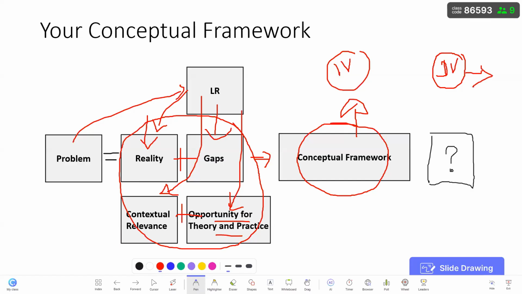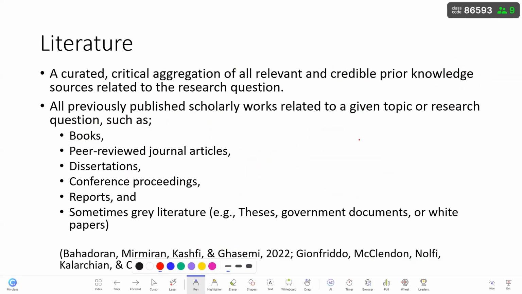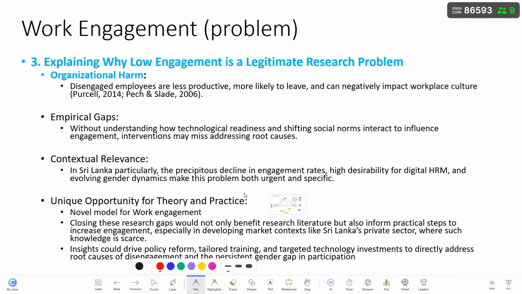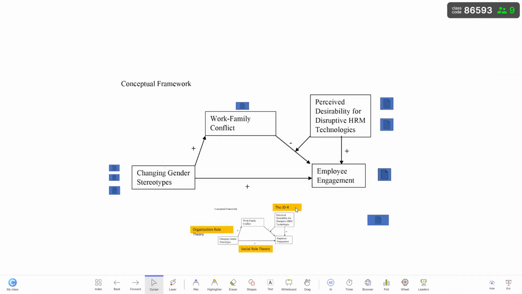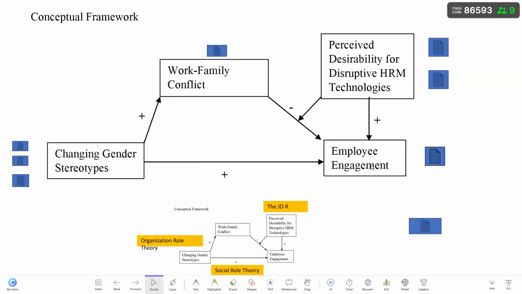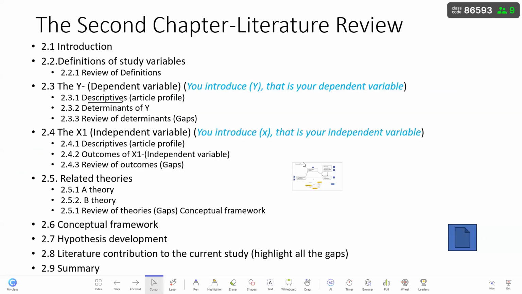In my case, employee work engagement is the dependent variable, right? So in this, for example, this is the dependent variable and this is the independent variable, right? So, likewise.